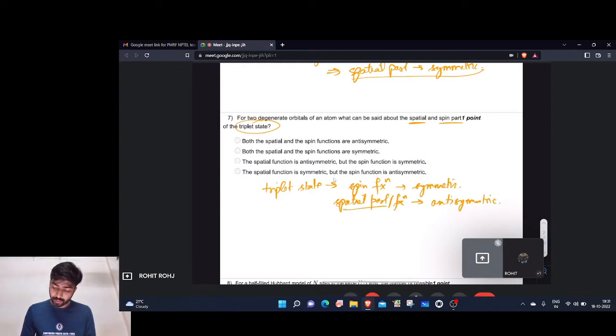So the spatial part is antisymmetric and the spin part is symmetric. The correct answer would be the third option.